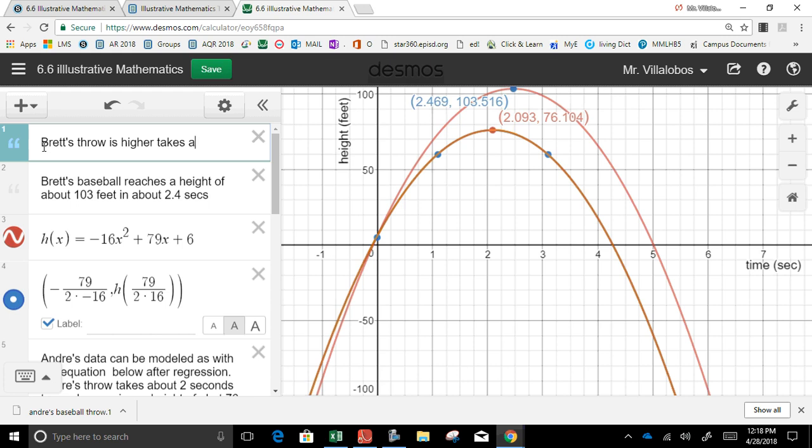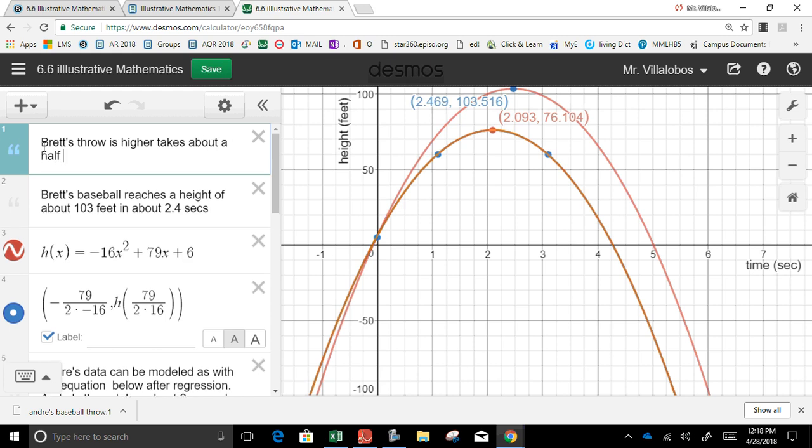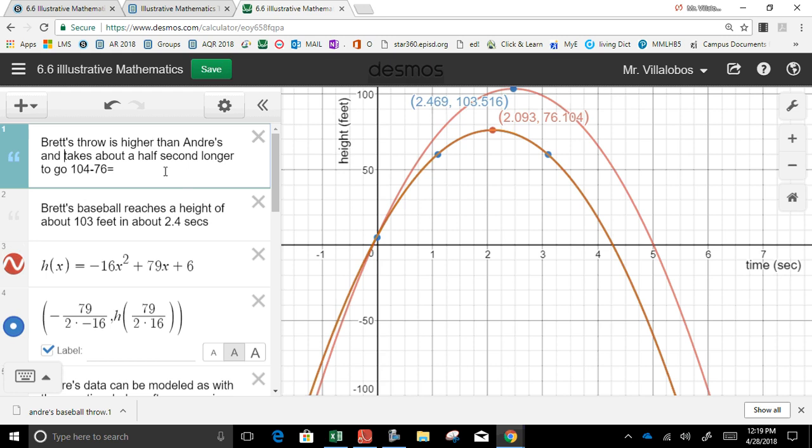It takes about a half second longer to go 100 minus 4 minus 76 than Andre's, and it takes about half a second longer to go. 4 plus 3 is 7.